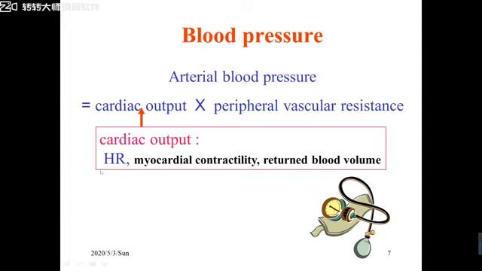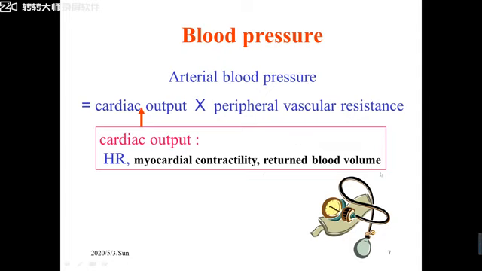Do you remember we studied the first drug, CCB, calcium channel blockers? They block the calcium channel, also inhibit heart rate, and also reduce myocardial contractility. So that means, yes, we also use calcium channel blockers to treat hypertension.